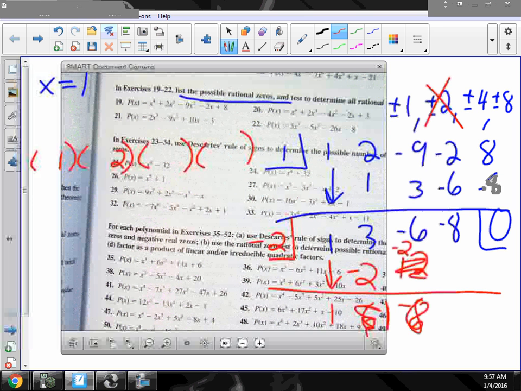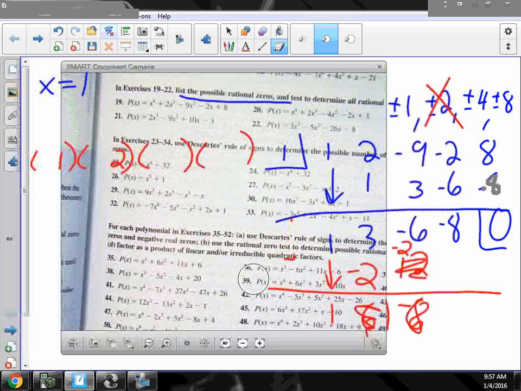I could have 2 times 2 times 2, and that would make 8. Or 2 times 4 would make 8. So it's got to be 8 or 1 again. Well, I would try 1.